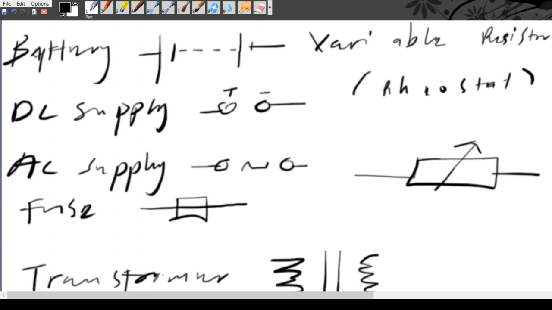So the variable resistor, this is the type of variable resistor with two contacts. It is also referred to as the rheostat. It is usually used to control current. So those are some of the symbols that we use.